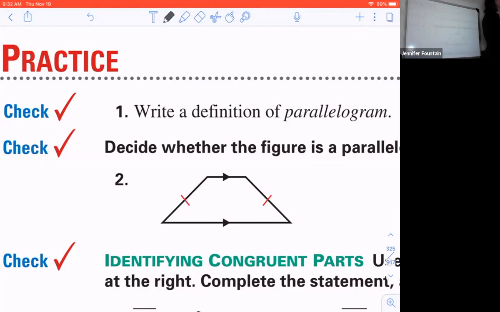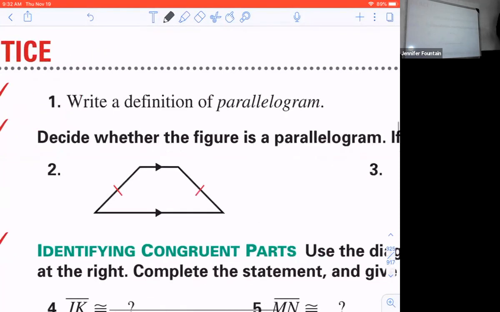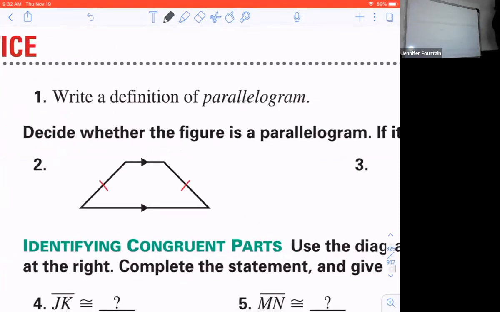What do I know about the diagonals? The diagonals of a parallelogram bisect each other. And then consecutive angles are supplementary. So anytime I am trying to test a figure and determine if it's a parallelogram, I know that those traits have to be there.